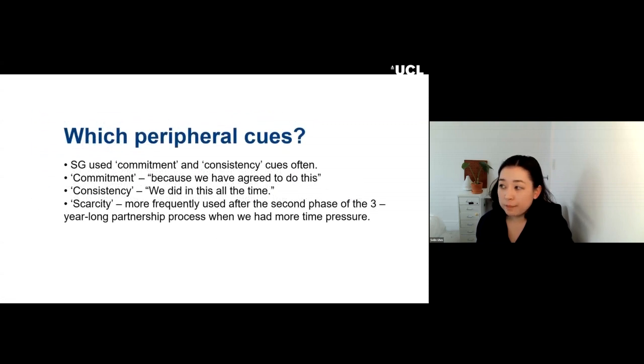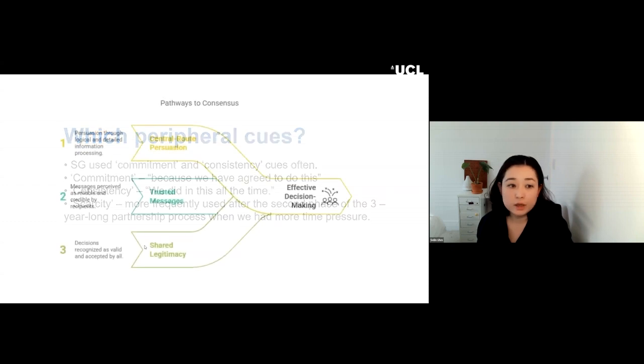When they were using peripheral cues, the most common were commitment and consistency. Commitment is like, because we have agreed to do this, we have to do it this way. Consistency is like, we did this all the time, so we are sticking to it. These were the most popular peripheral cues.